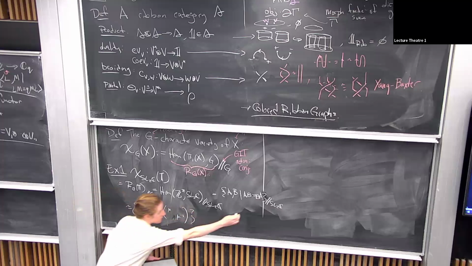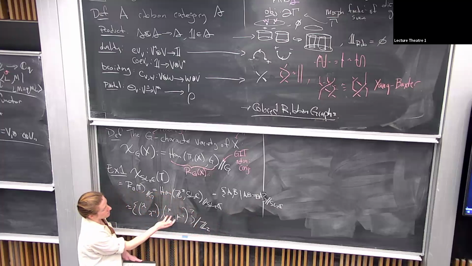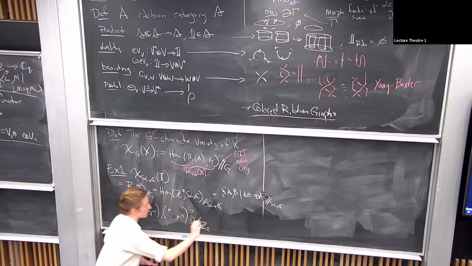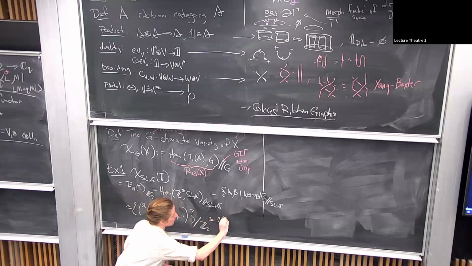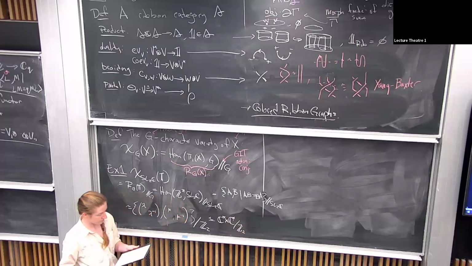And this GIT quotient has mainly gone away, but I still keep part of it, which is a Z mod 2 action. And this is the action that tells me there's really no difference between lambda or lambda inverse. So this is my character variety. And this just looks like C star cross C star, mod this Z2 action.